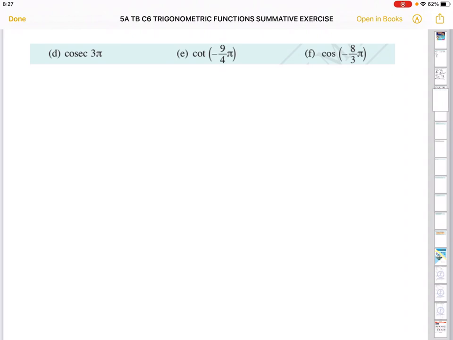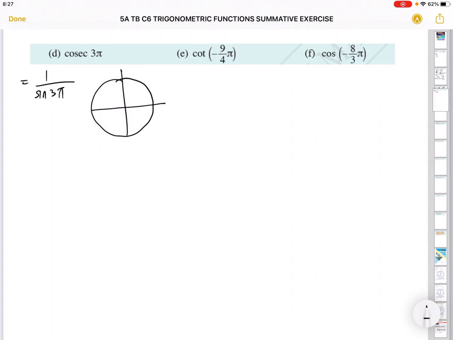Now, this is a bit unique because the angle doesn't involve a special angle. This is 3 pi. So number 1, let me write this as 1 over sine 3 pi. So I know I can't be thinking 60, 45, or 30, even in radian, because this is pi. So what you do is you can use a unit circle. Now we know the unit circle looks like this, right?